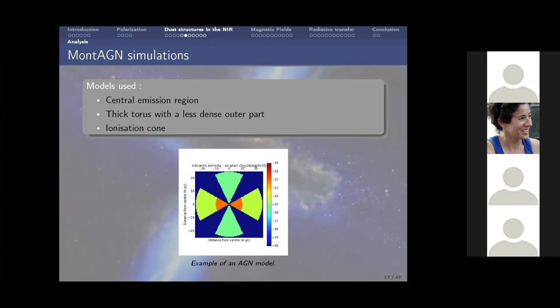So we were also looking for a more versatile code to be able to adapt things a little bit more. This is an example of the geometry we were using at the beginning, with a pretty thick equatorial plane with a high density in the center and a smaller one on the outer part, and an ionization cone which would be able to redirect the photons from the polar direction toward the equatorial plane.